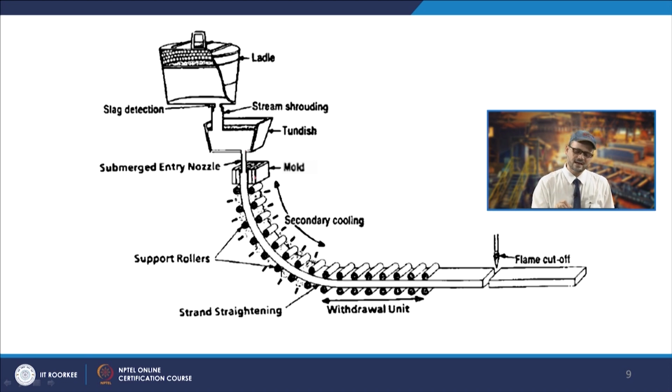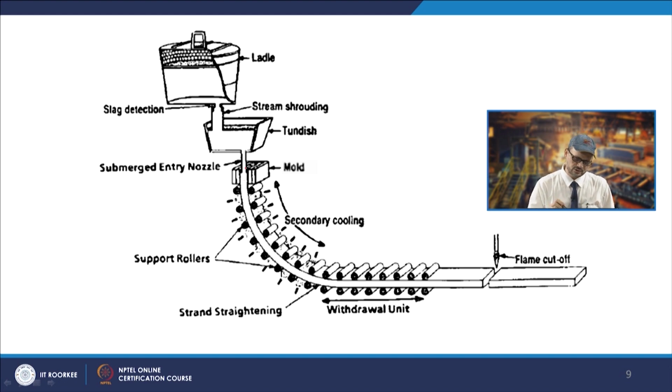Accordingly you will have the mold, and this is the submerged entry nozzle. It will be going into the mold, and the steel will be solidifying inside the mold. Normally you have a curved strand. You have the vertical type of continuous casting, and you have horizontal type of continuous casting also.